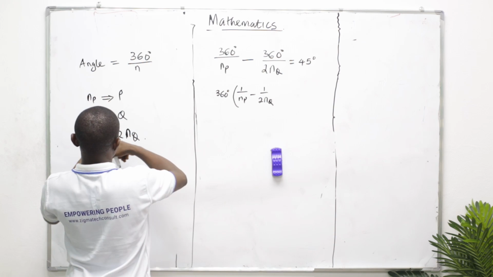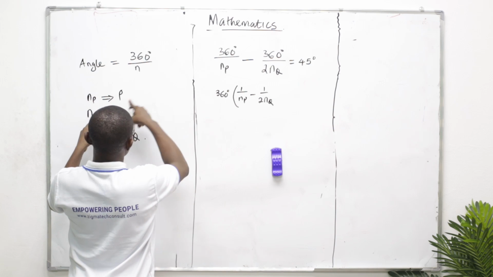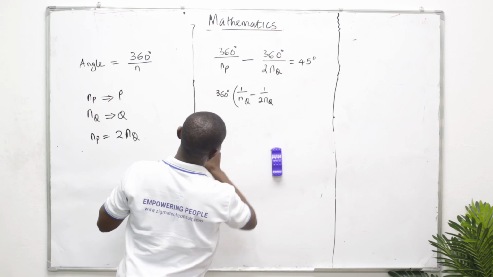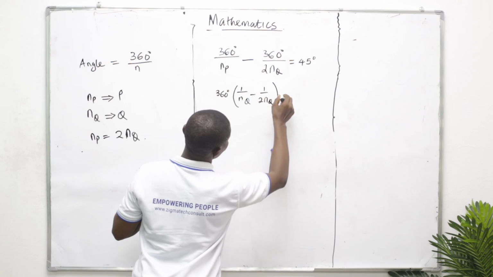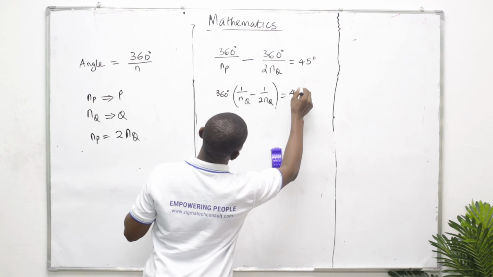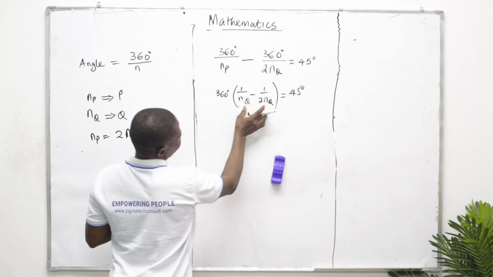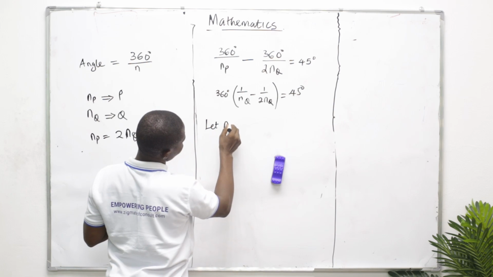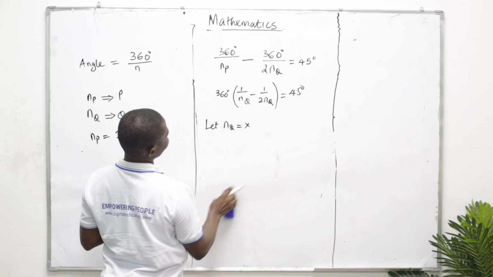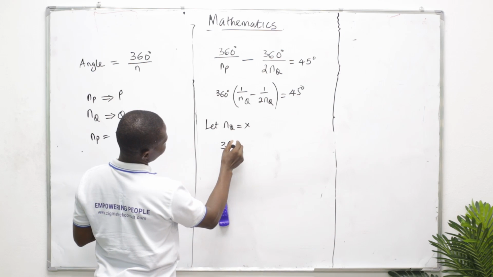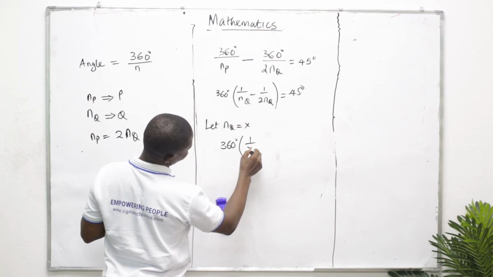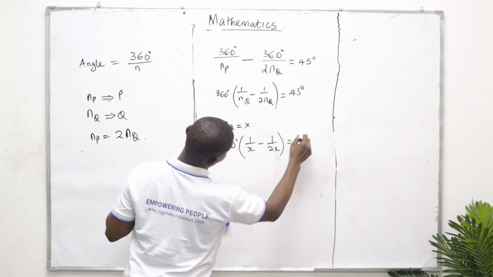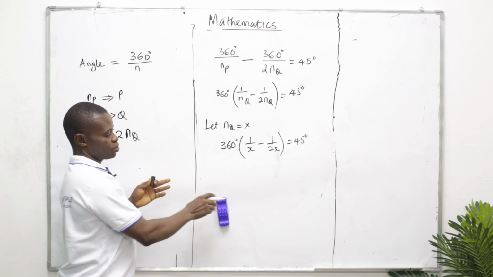If this is this, then I have to replace it by writing Q, equals 45 degrees. Let NQ equal X, okay? That says 360 degrees bracket 1 over X minus 1 over 2X equals 45 degrees. So it will be easier for us to solve.